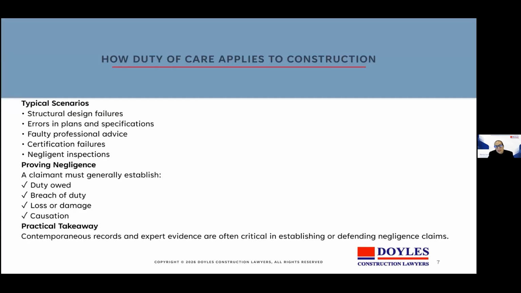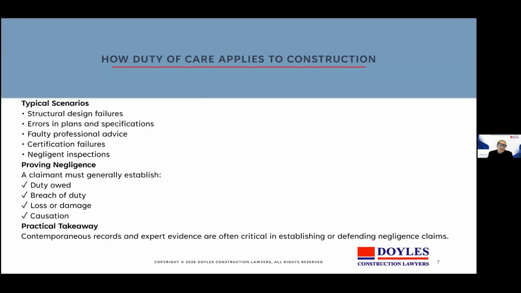So how does duty of care apply to construction? In construction, this shows up as design failures, faulty advice, bad certification. But a defect of its own isn't enough. You have to prove duty, breach, causation, and loss.